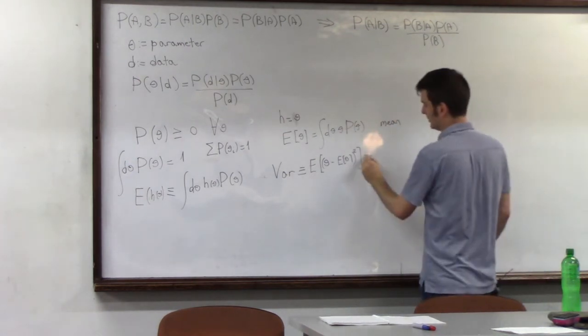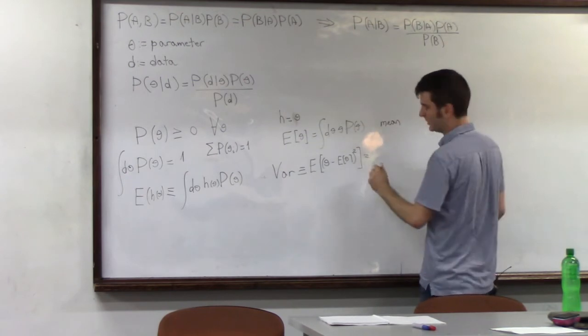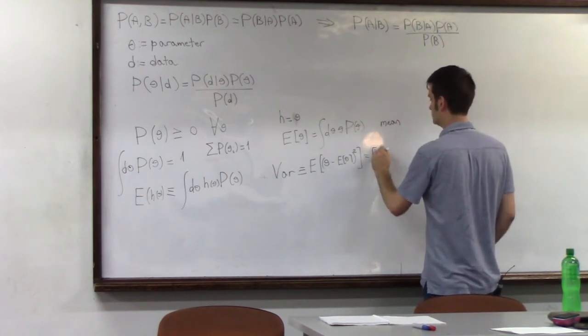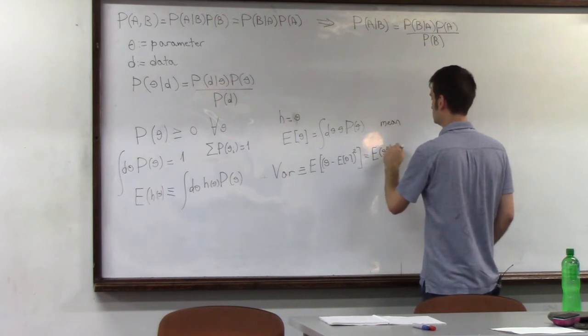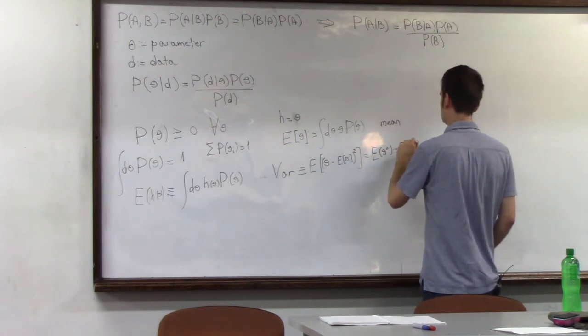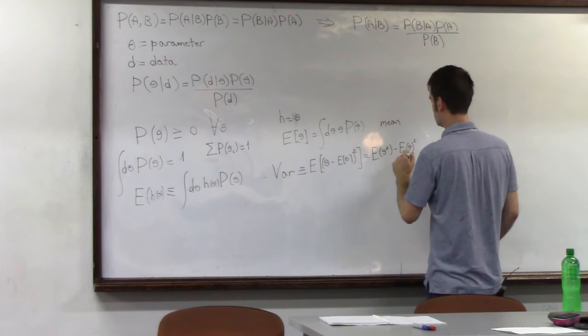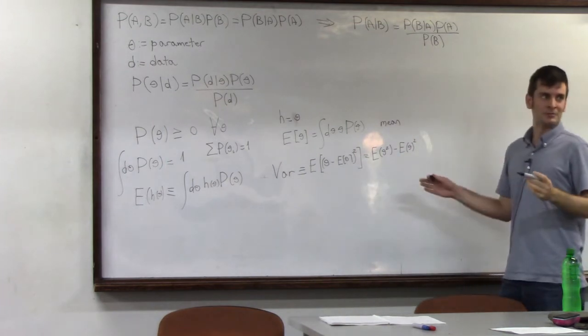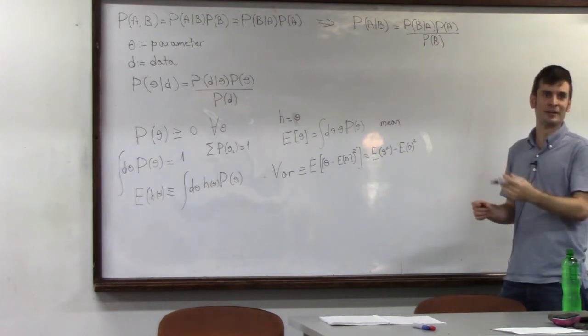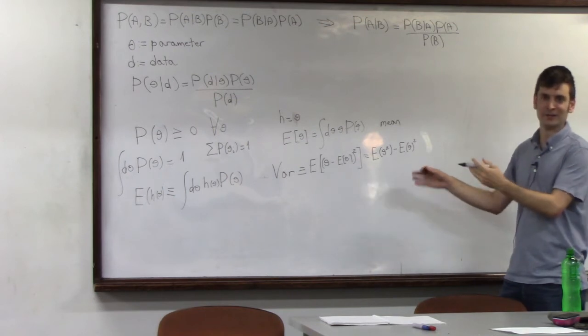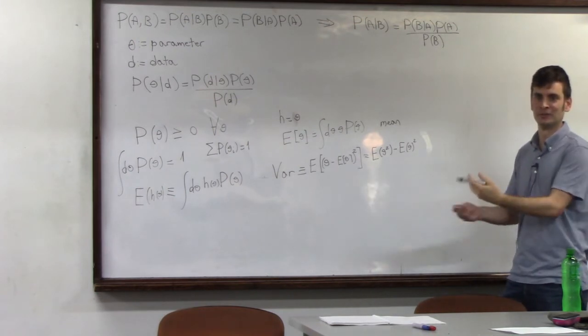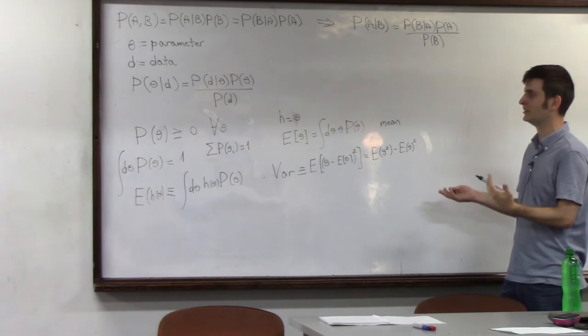Which, well, I saved you the algebra, but becomes this. I'm just introducing quantities that I'm going to be using later. They don't necessarily mean anything physical, but they're useful to describe probability distributions.